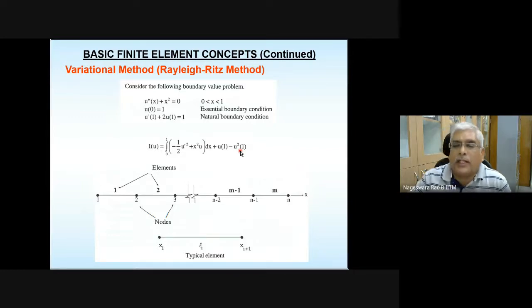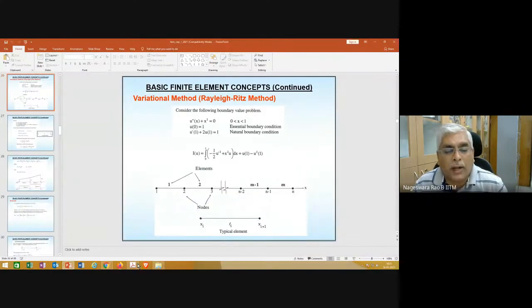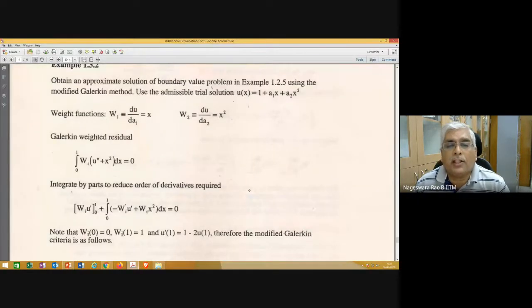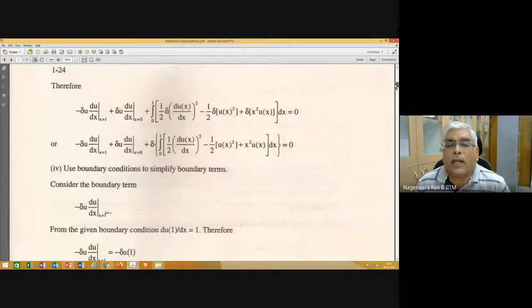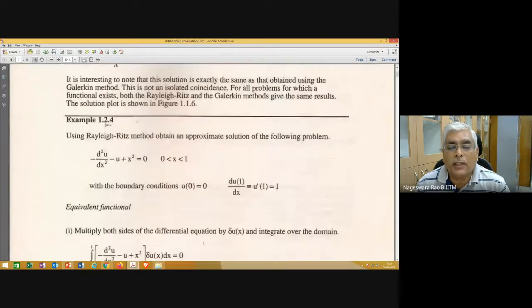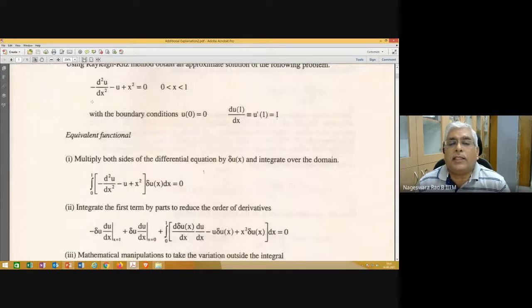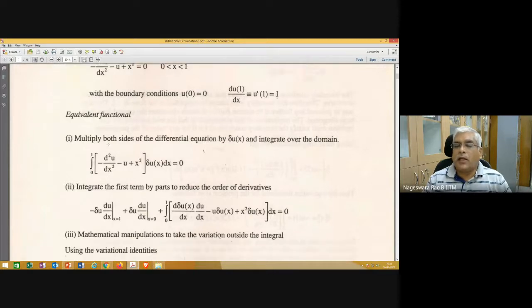Okay, let me show you that, for completeness. So now let's take an example here. This is a boundary value problem, and these are the boundary conditions, and this is how we go.